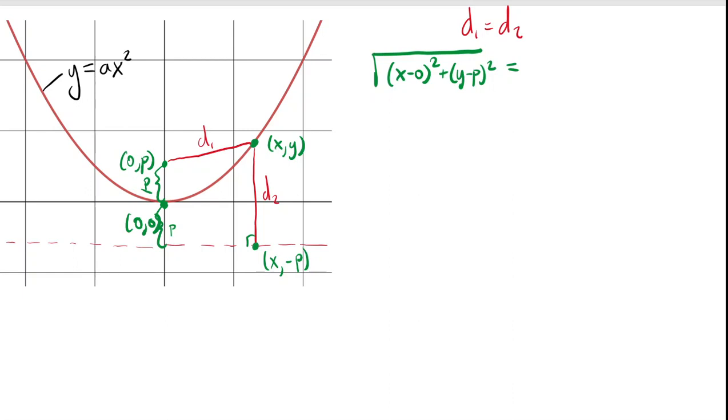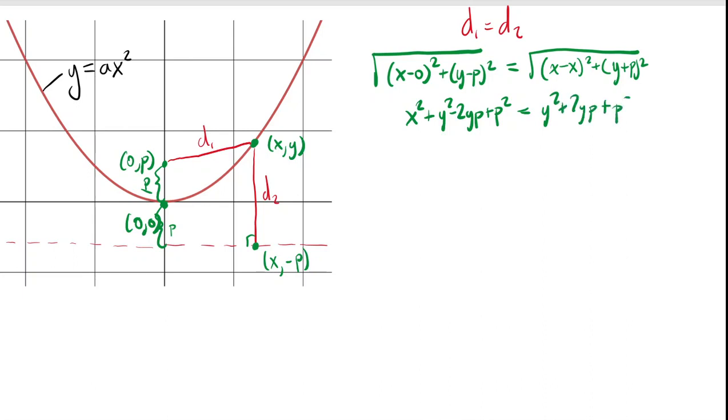Now d2 is the square root of the difference in x value squared, so x minus x, quantity squared, plus the difference in y value squared, so y minus negative p is y plus p, quantity squared. If we square both sides to ignore the square roots, we end up with x squared plus y squared minus 2yp plus p squared equals 0 squared plus y squared plus 2yp plus p squared.